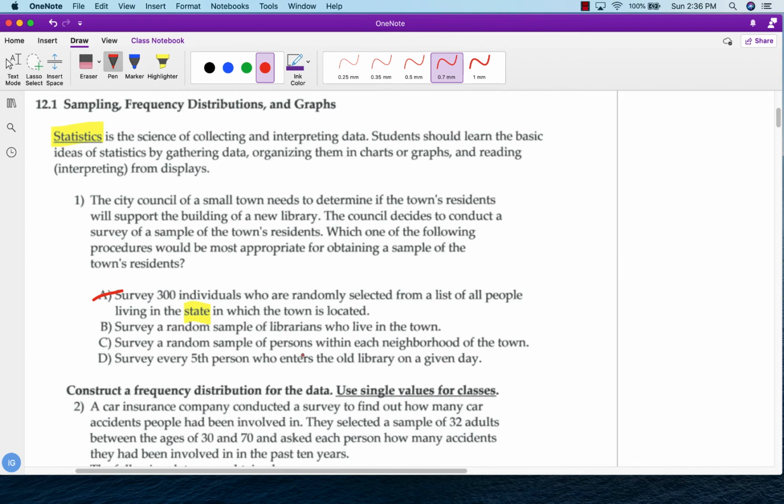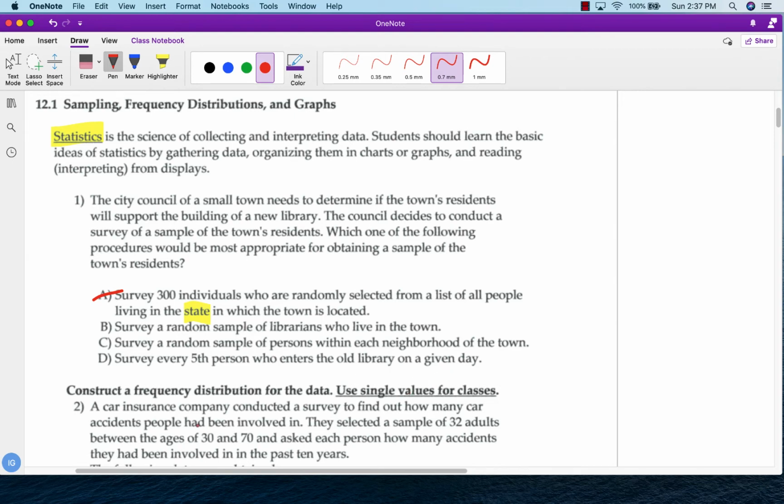C, survey a sample of people within each neighborhood of the town. So here you're selecting all the neighborhoods and you're sampling people on each of the neighborhoods from the town. And then this one, 5th, survey every 5th person that walks into the old library.